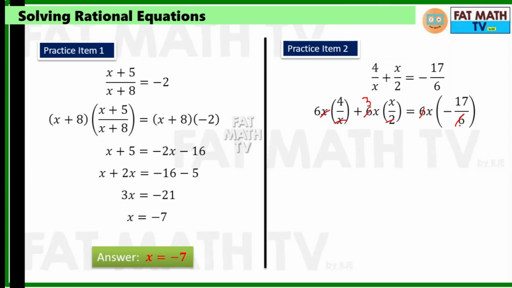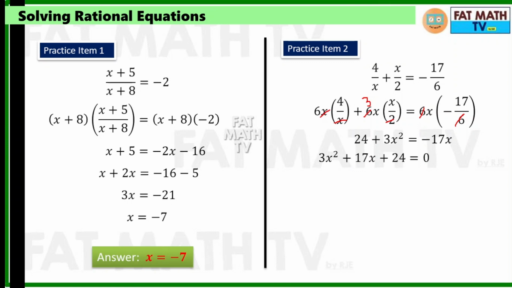And we will have 24 plus 3x squared equals negative 17x. Since this is a quadratic equation, move negative 17x to the left, and you will have 3x squared plus 17x plus 24 equals 0. And then factor that. The factors are 3x plus 8 and x plus 3.